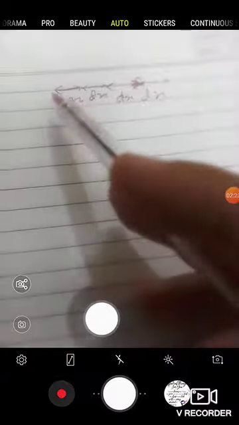Now these are the small intervals dx, dx, dx, dx. If I add these, then I will get, suppose, x. After addition of all these dx, I am getting what? x. This is known as integration.